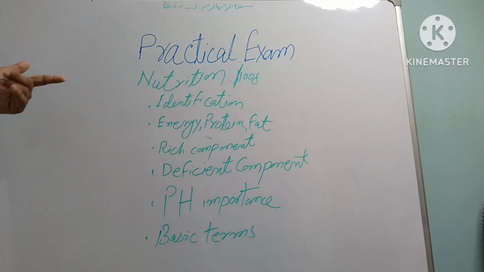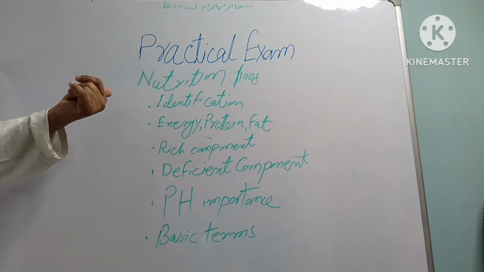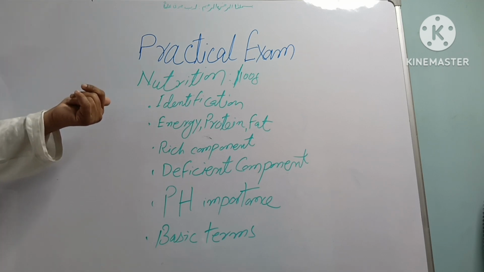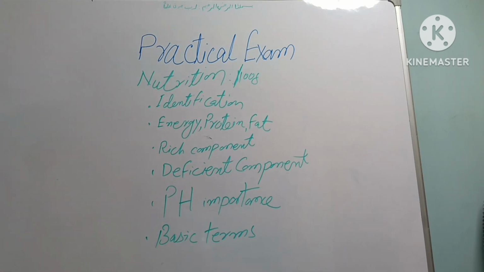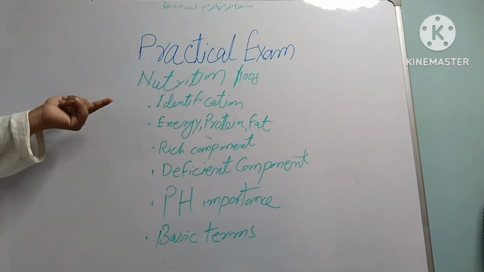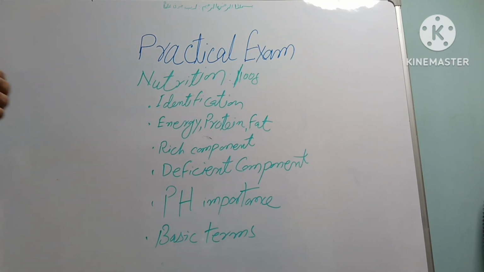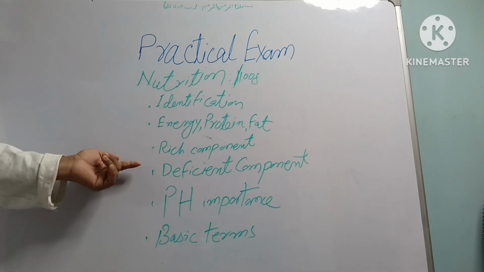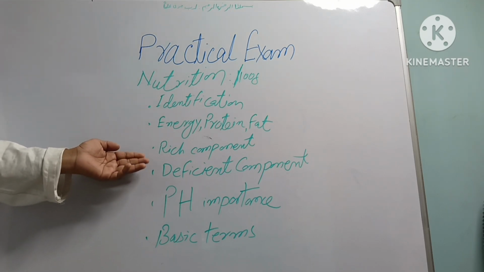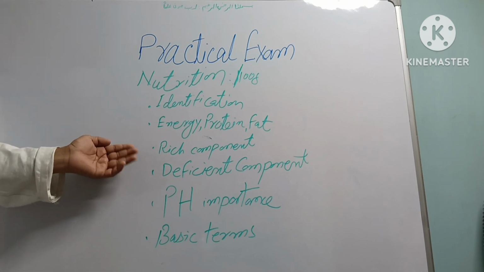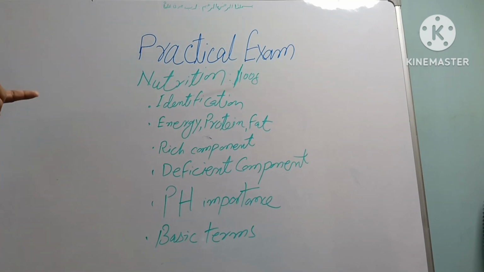Then what is the rich component in a particular spot of the nutrition? Just like pulse is rich in lysine, okay, ragi is rich in calcium. Then what is the deficient component in a particular given spot?